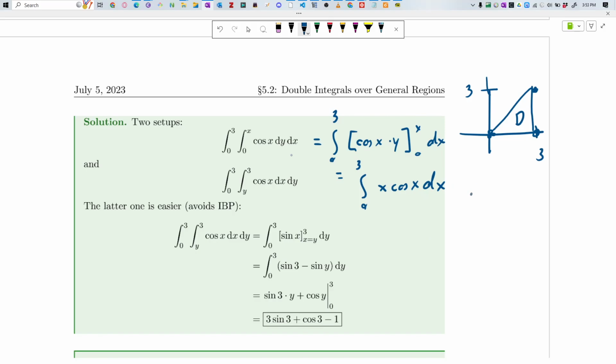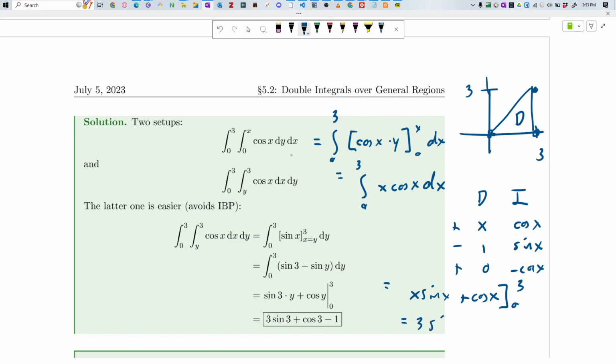Maybe just to complete this, let me quickly do the calculation and see how much work is necessary if we were to have done it the other way. So the integral of cosine becomes sine of x, and then this becomes negative cosine of x, plus minus plus. This would end up being x sine x plus cosine of x evaluated from 0 to 3, if we were to do integration by parts.